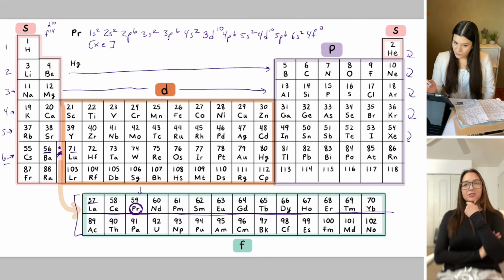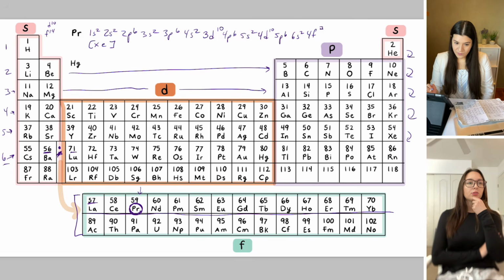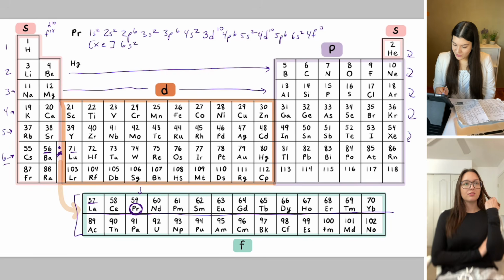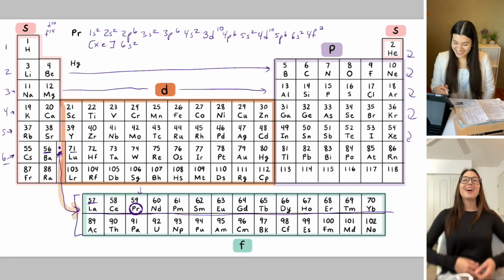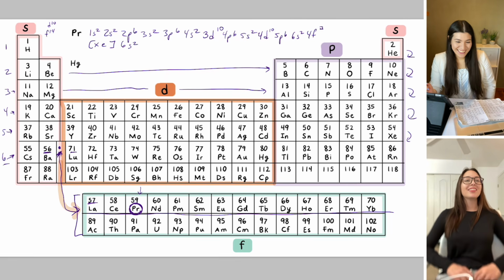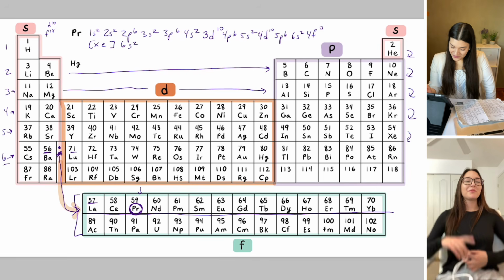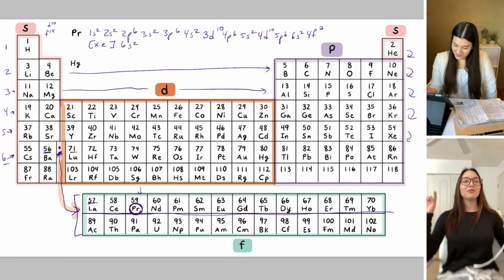So we start with 6s2. Good. And then 5d10. Hold on. It's still, we had that little break. Oh, just kidding. Okay, I already forgot. And then we're going 2 minus, so 4f3.